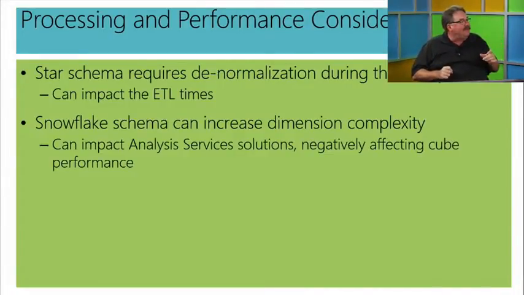But the flip side is the advantage there is that because everything's denormalized, when you go to retrieve it, all of that information is right in the one record. And it is available immediately without having to do a lot of joins, which means your queries, retrieval of information for analysis, is going to go very quick.